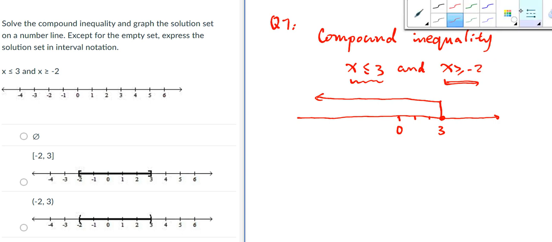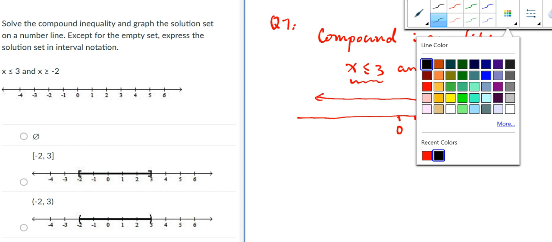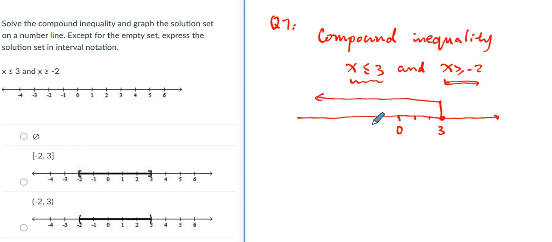I recommend you use different colors, just like I do all the time. You first locate -2, and then see if -2 is included. It is, because the equal sign is there. Then you locate the direction. x greater than -2. Well, even 0 is greater than -2, and 3 is greater than -2. So it's all this one to the right.